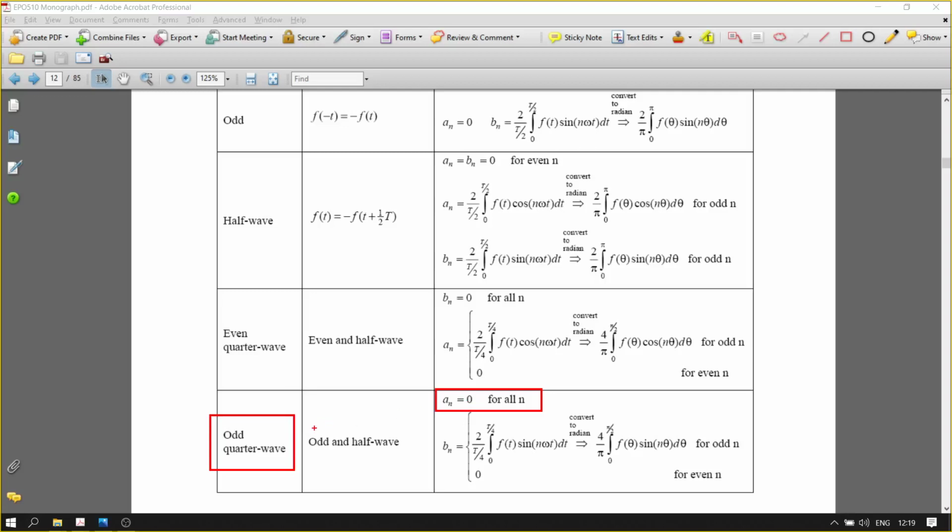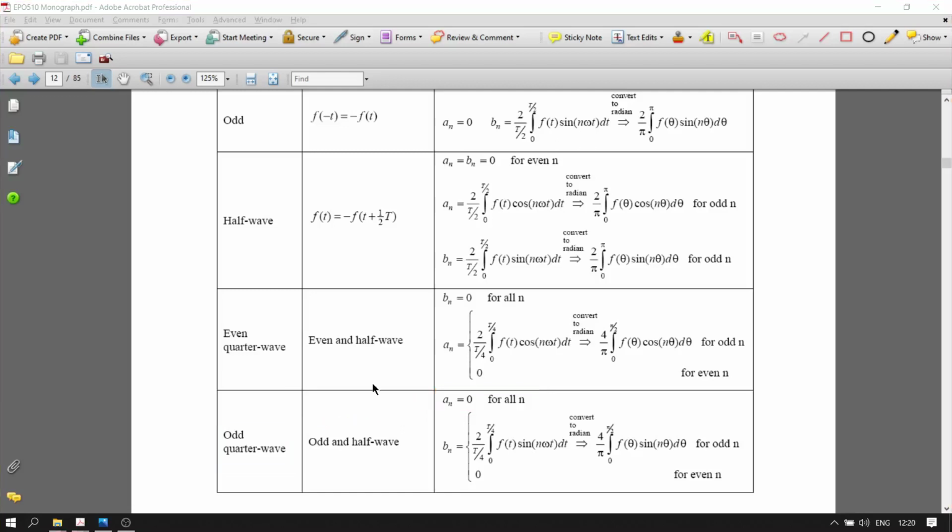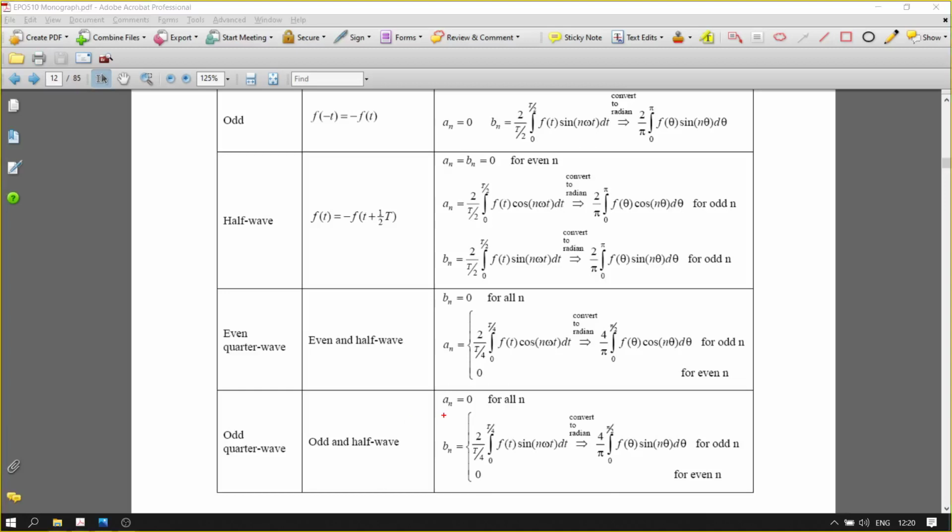Okay, so you know that for odd and quarter wave the An is 0, but for Bn, for odd and quarter wave, the Bn has two conditions.